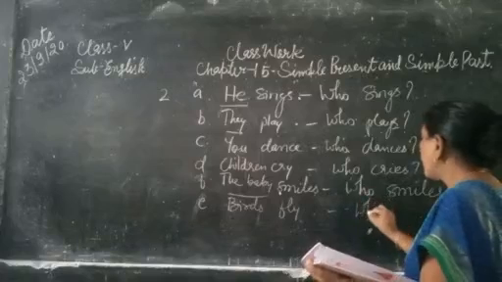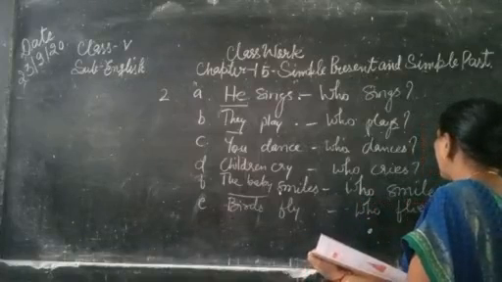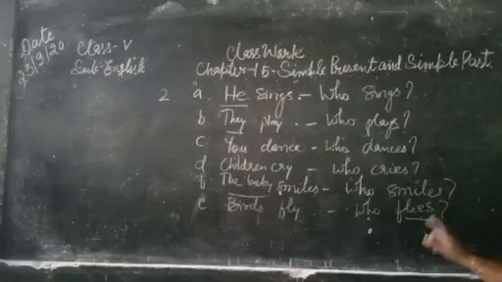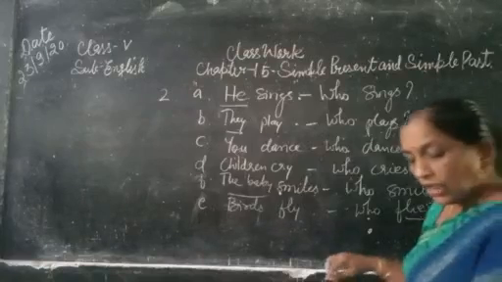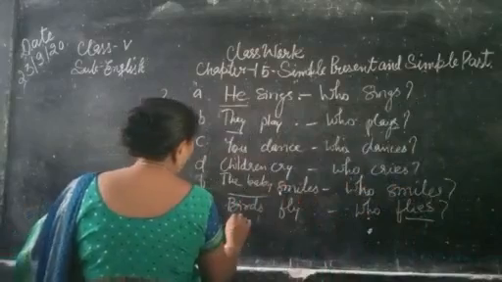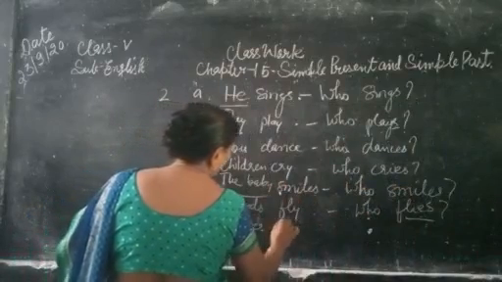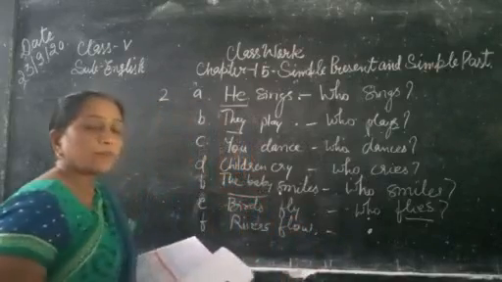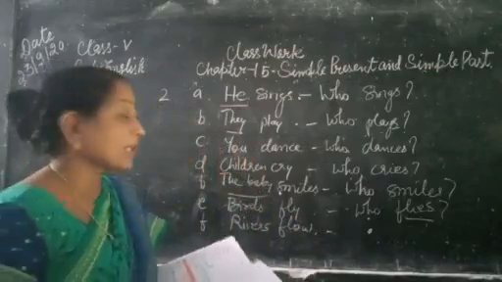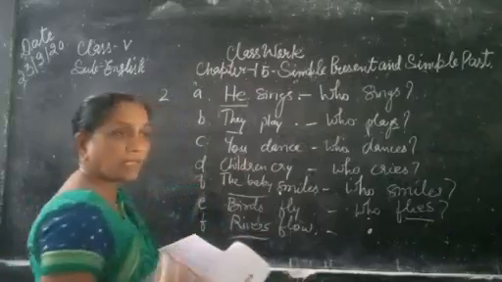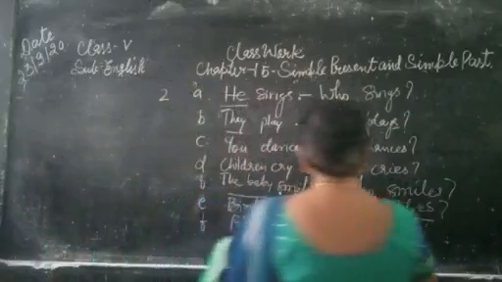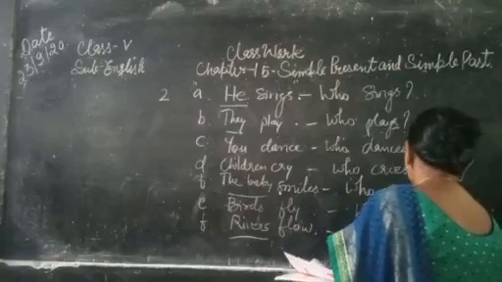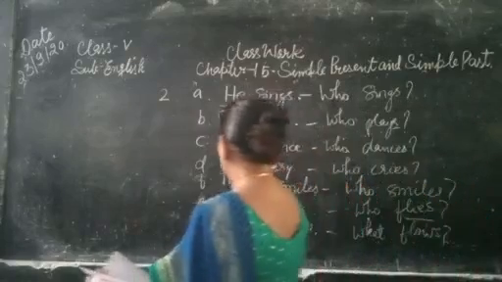Who flies? Flies. Okay? F and Y. Y हटाकर हम IES लगाएंगे flies में. Now reverse flow. In F, reverse flow. Plural noun है. But आंसर क्या आ रहा है? रिवर्स बहती है. क्या बहती है? रिवर्स बहती है. So this will be the answer of what? What flows?